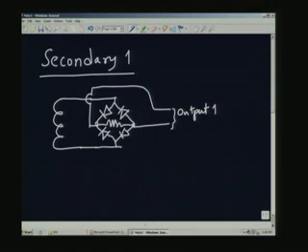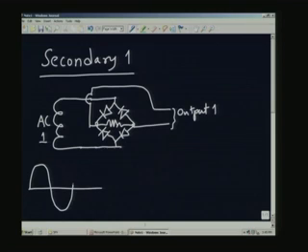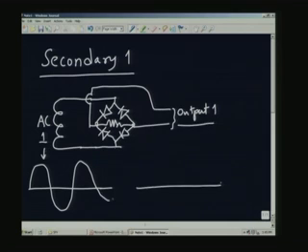So, if I look at the AC output 1, it will show something like this. This is output number 1, and what comes out as output here will be full wave rectified. So, I will get something like this.